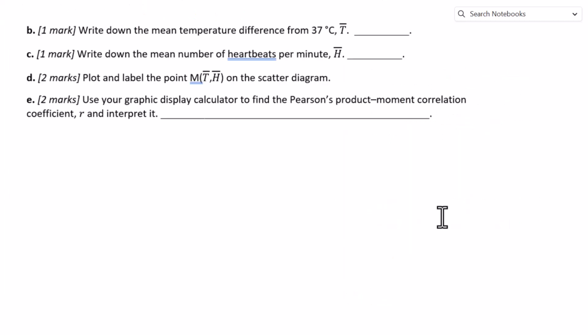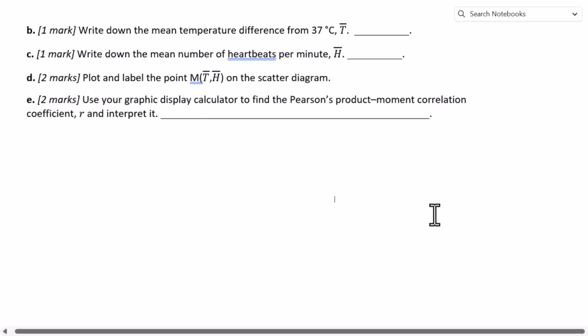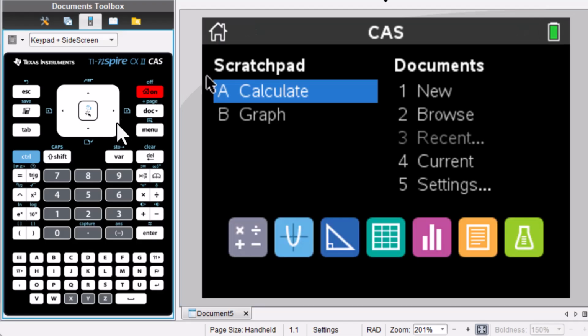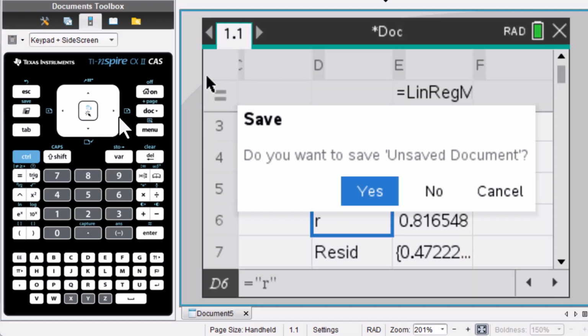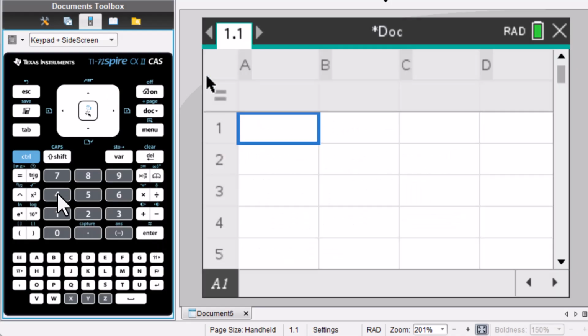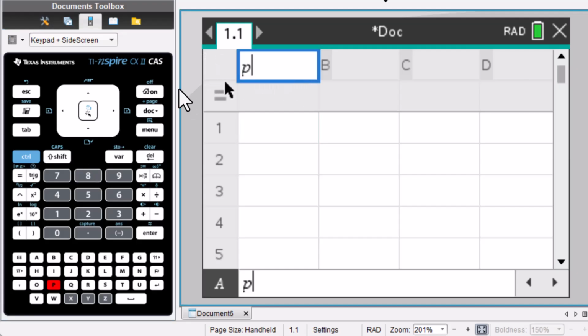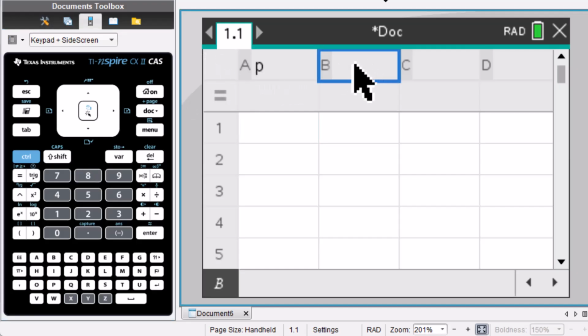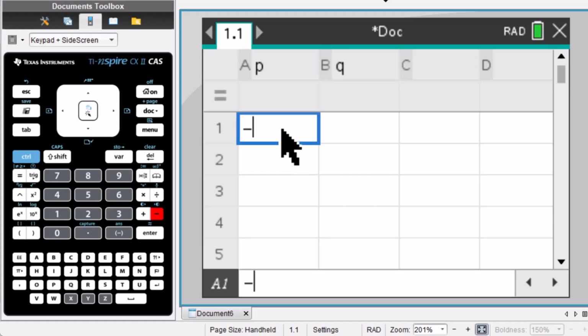B. Write down the mean temperature difference from 37 degrees Celsius. We need to put data into the calculator. Click on 1, then 4, spreadsheet, label P, Q for the column, then type in your data.